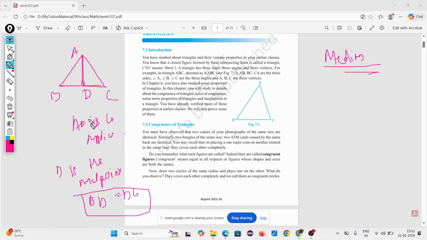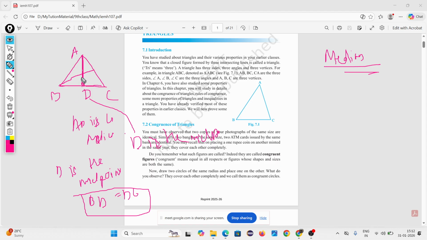A point on BC that divides BC into two equal parts is called midpoint. In this figure, D is the midpoint, and AD is the median.